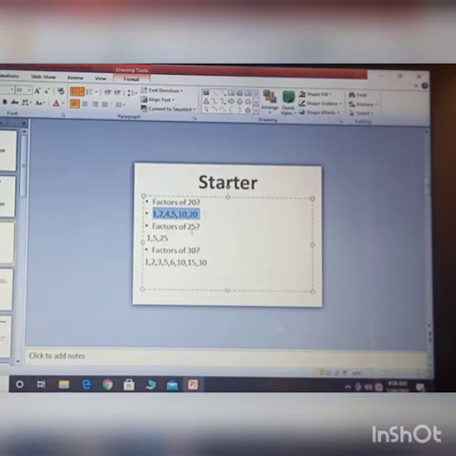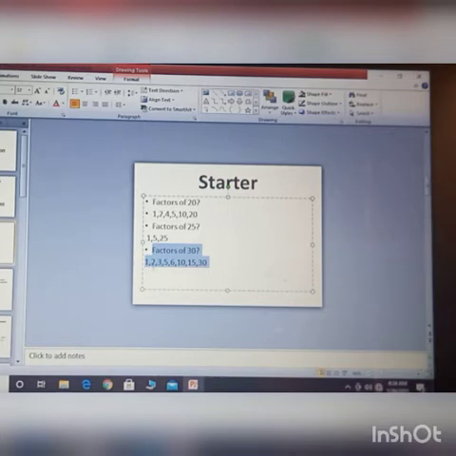Factors of 25: without looking at the answer, the first thing that comes to your mind needs to be that the smallest factor is 1 and the largest factor is 25, and these are all the factors. Only 1, 5 and 25 are the factors of 25. Third example, factors of 30. As I told you, the range is from 1 to 30.